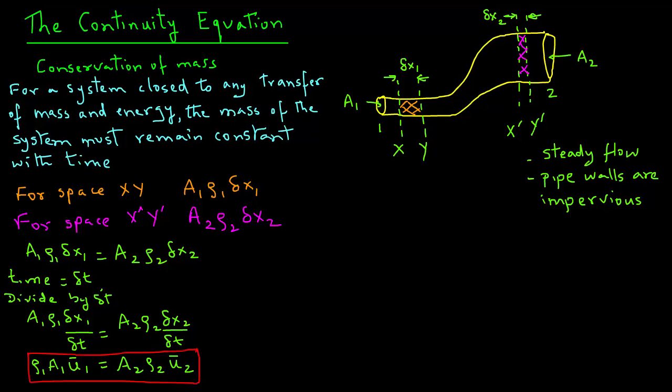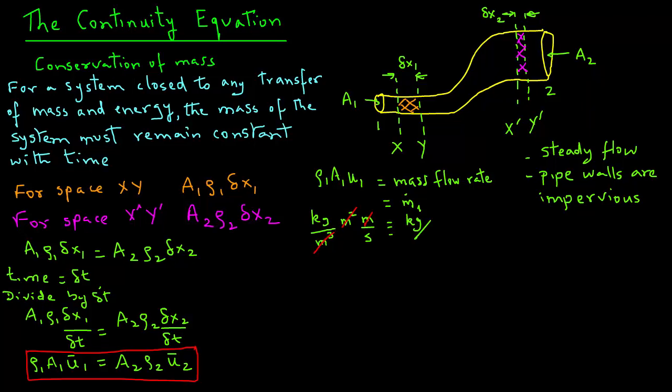Note that we can also express rho 1 A1 u1 as mass flow rate, or with small letter m with a dot on it to express that it is a rate term. And if you want to look at the units, note that rho is kilogram per cubic meter, A is meter square, u is meter per second, and that will give us the units of kilogram per second for the mass flow rate.